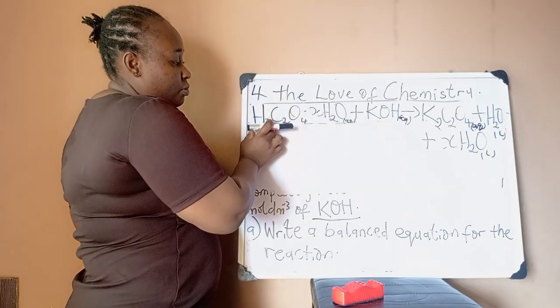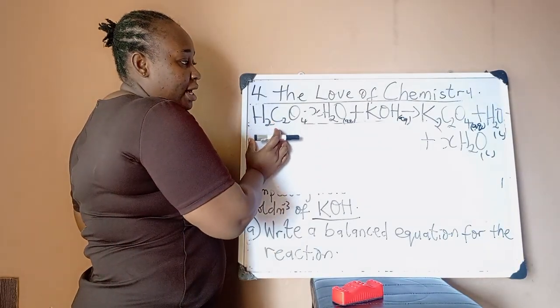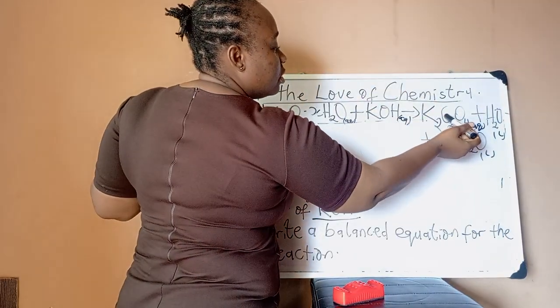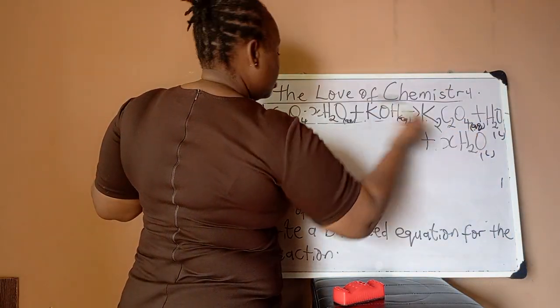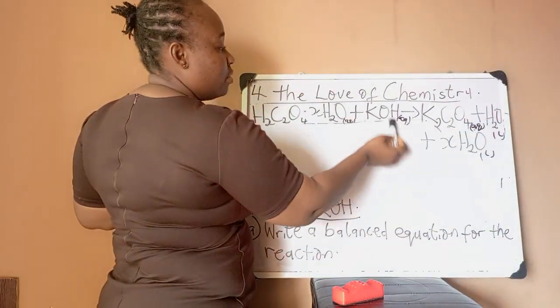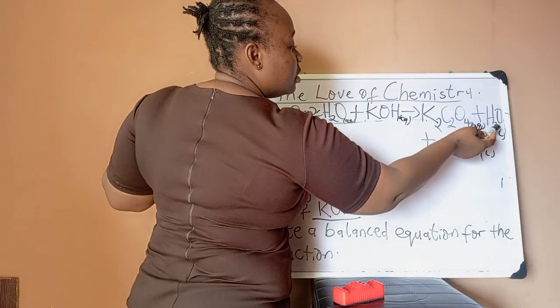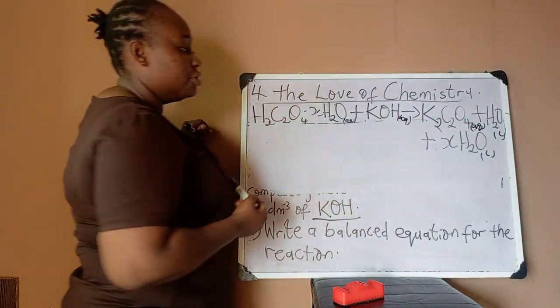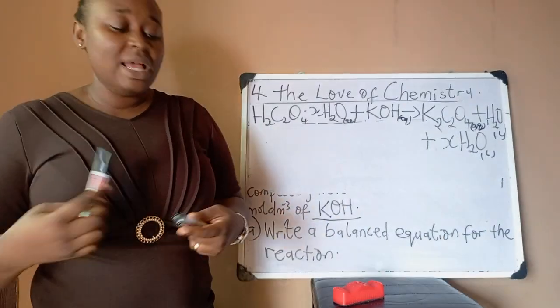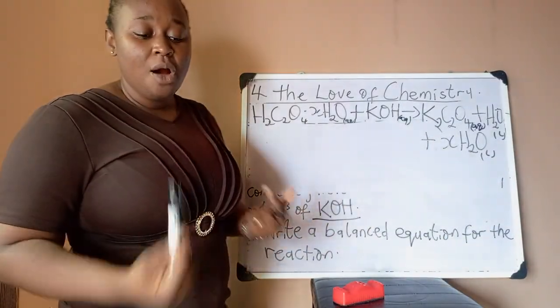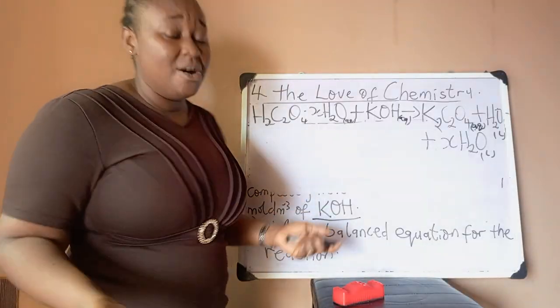Okay. Now we have two hydrogen here and one hydrogen here, making three, but we have only two hydrogen here. And remember, whenever I want to balance an equation, I always do what I call evening out.